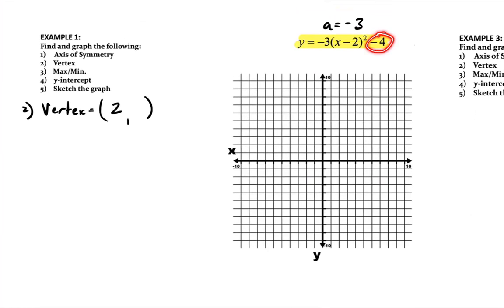That one tells the truth, right? That one actually just tells the truth, -4. Okay. So now let's go make that dot. Right 2, down 4.